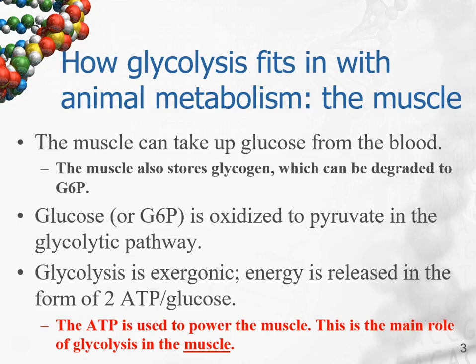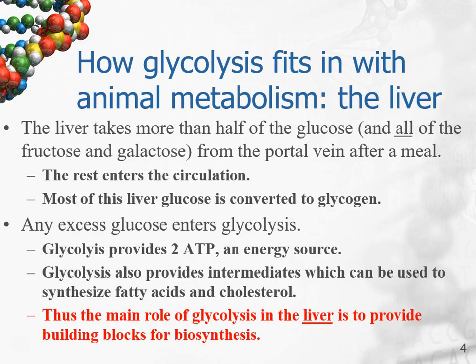It is an exergonic pathway, so energy is released in the form of 2 ATPs per 1 glucose. And then in the muscle, the ATP is used to power the muscle. So that's the main role of glycolysis in the muscle: to break glucose down to pyruvate to obtain ATP to power the muscle. In the liver, things are a little bit different.